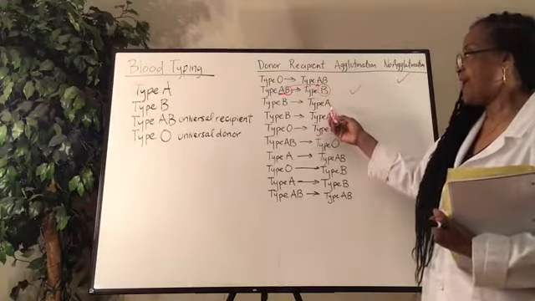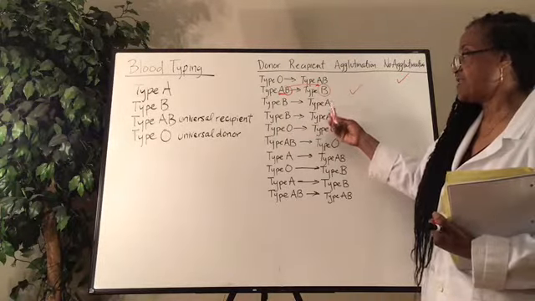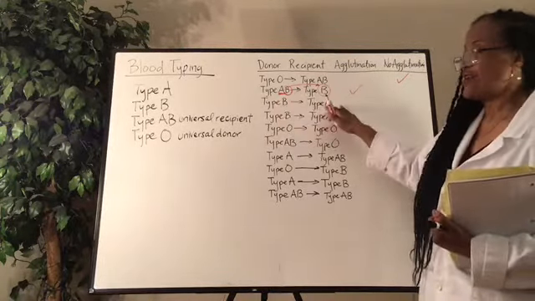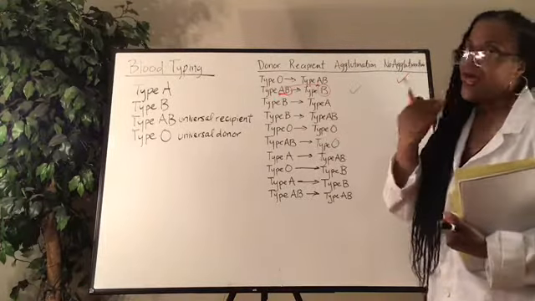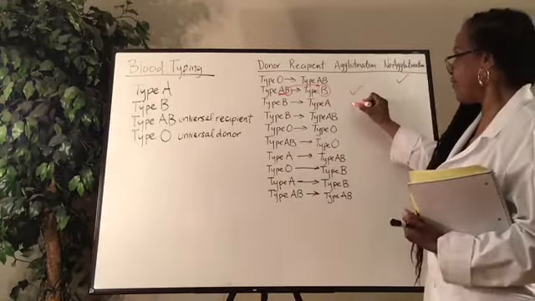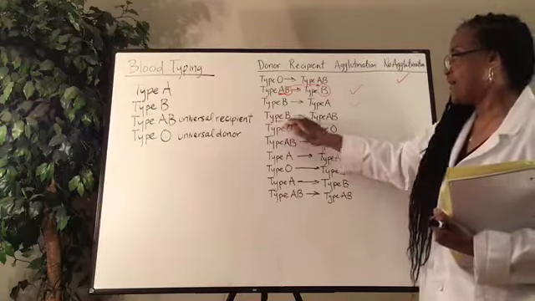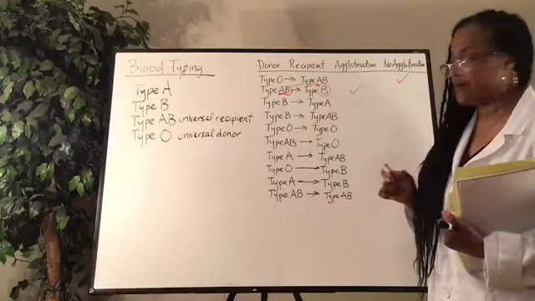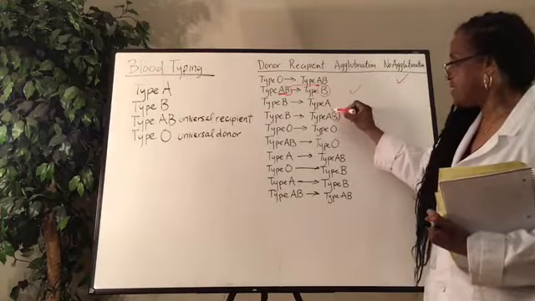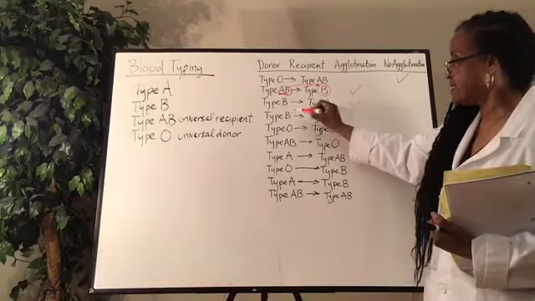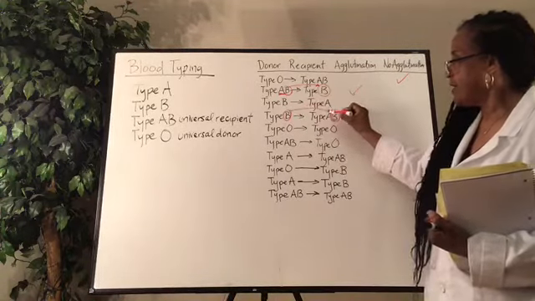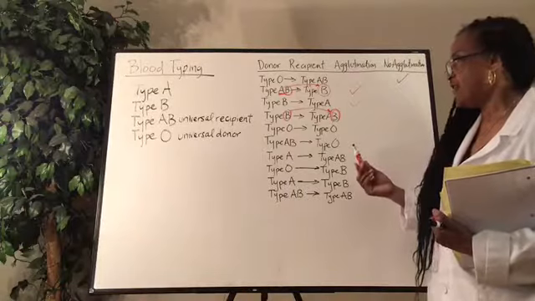Type B has anti-A antibodies, correct? And type A has anti-B antibodies. So type B trying to donate to a type A person will be a clot for sure. Type B wants to donate to type AB. Well, this B in the recipient recognizes this B over here, so that B can come on over. It's fine.